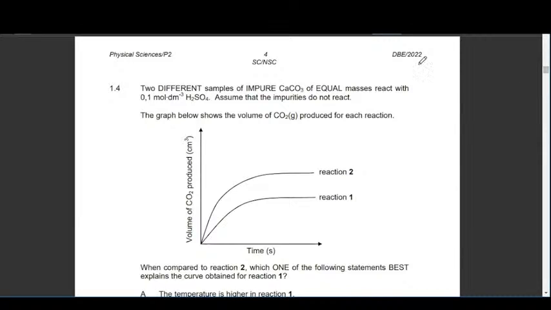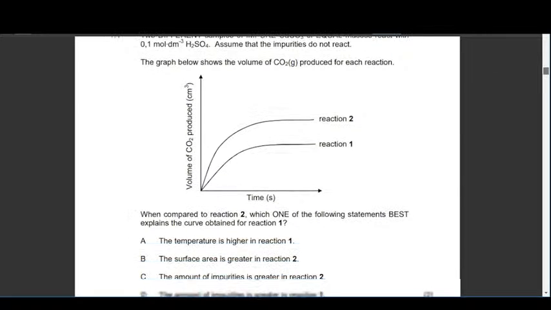Then they are saying, 1.4, two different samples of impure calcium carbonate of equal mass react with 0.1 mole per decimeter cubed of sulfuric acid. Assume that the impurities do not react. So it means that you are ignoring the impurities. So what are they saying?